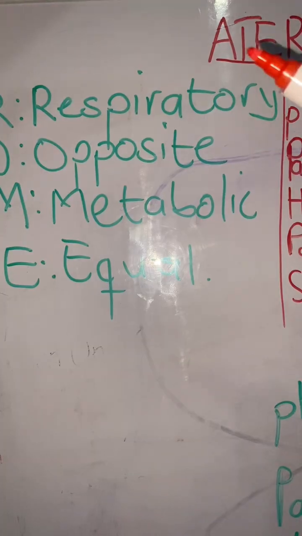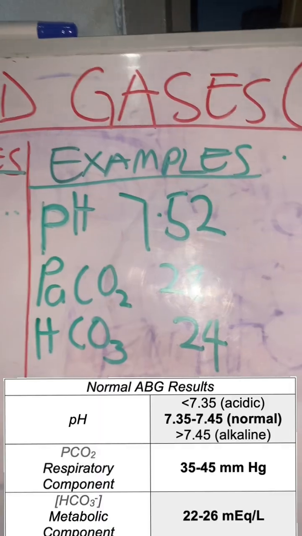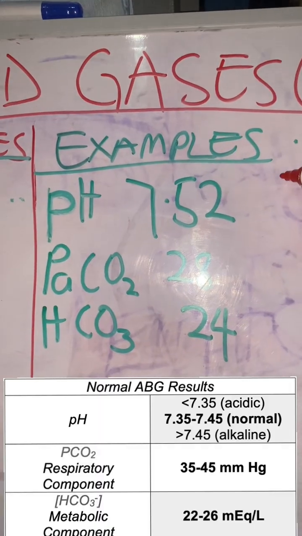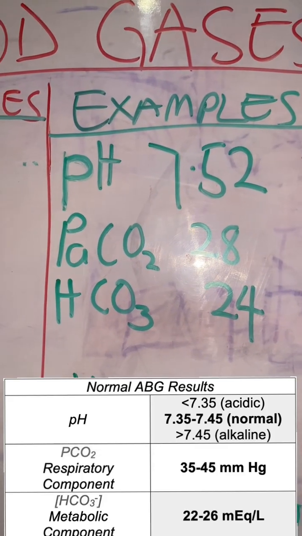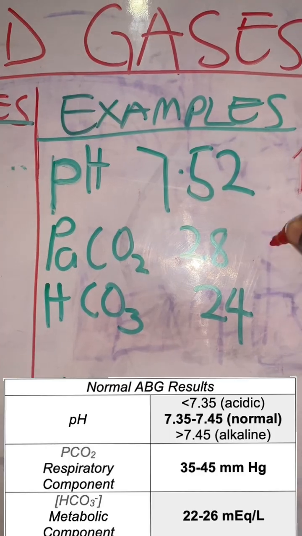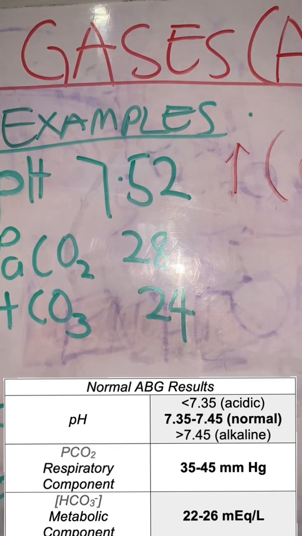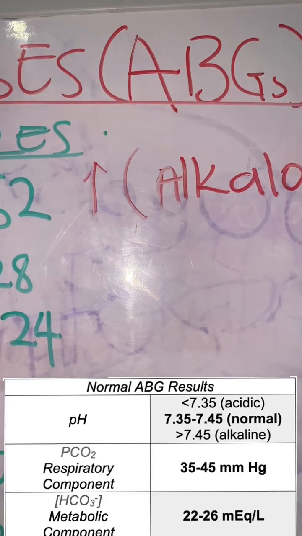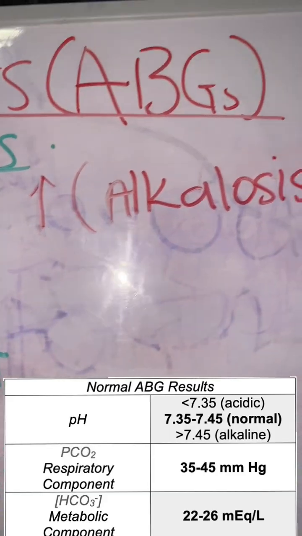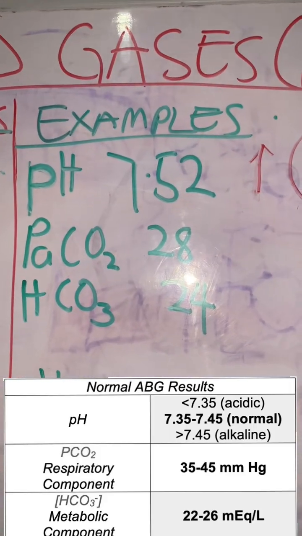Respiratory opposite, metabolic equal. So our pH here is up, and a pH that is up is alkalosis. Now let's look at the others.